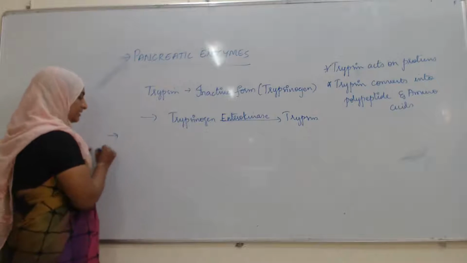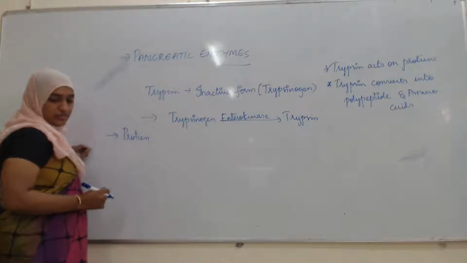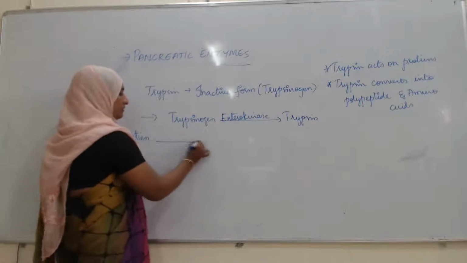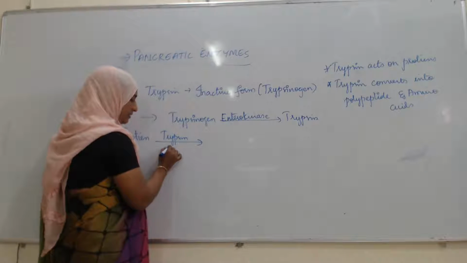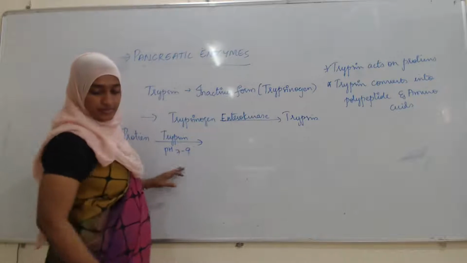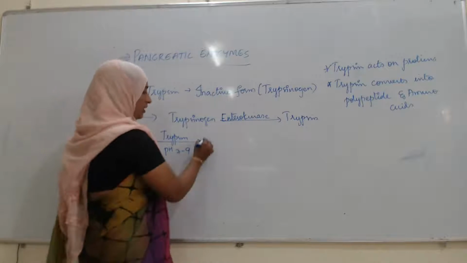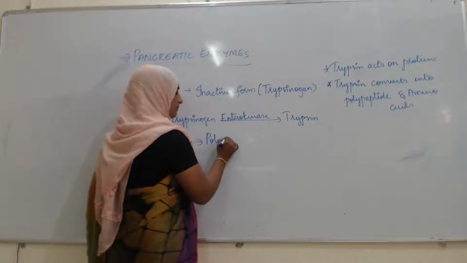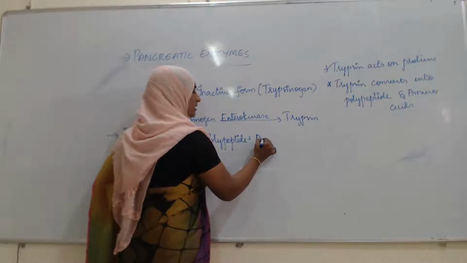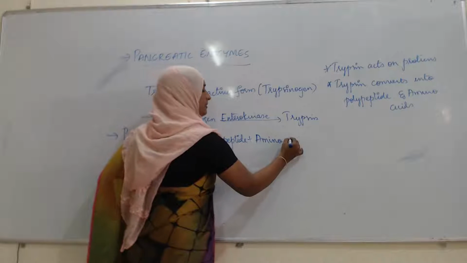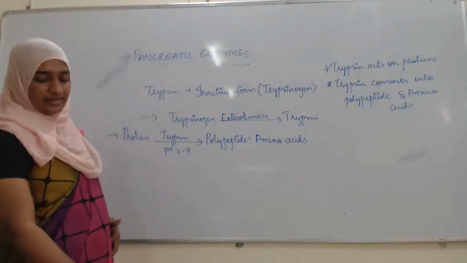The second reaction is that the protein, in the presence of the enzyme trypsin at pH 7 to 9, alkaline pH, gets converted into polypeptides and amino acids. This is the second reaction of the pancreatic enzymes.